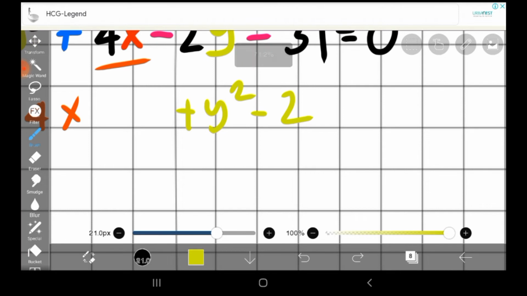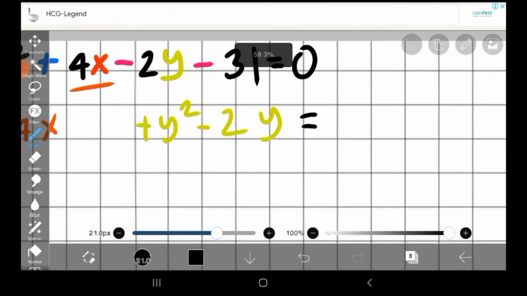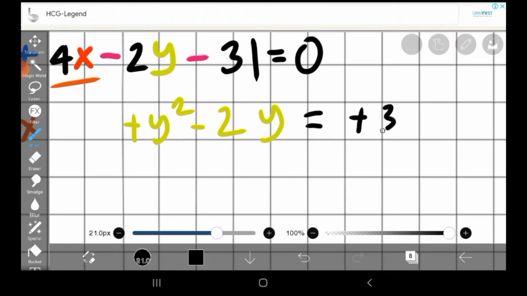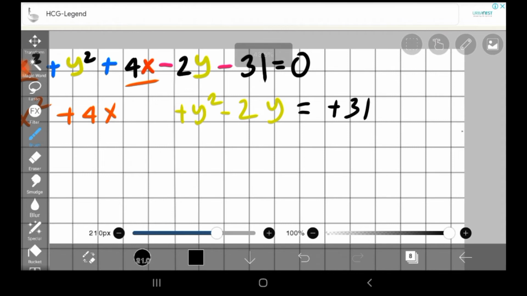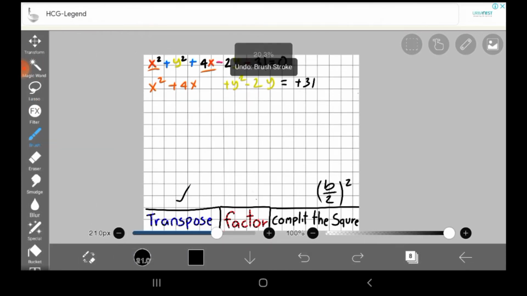It's laggy. Equal to positive 31. It's 31 because we transposed 31, so it becomes the opposite of the sign.